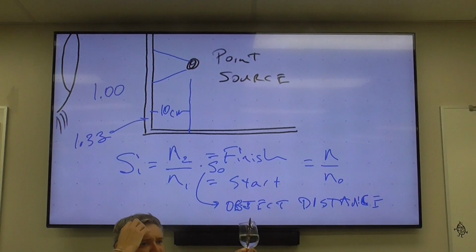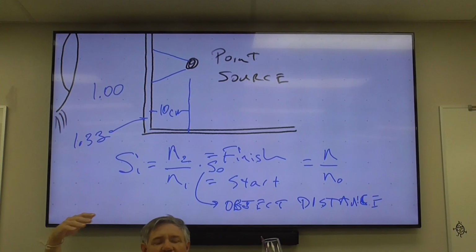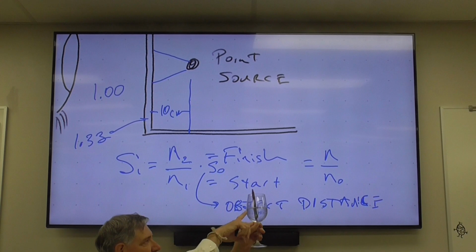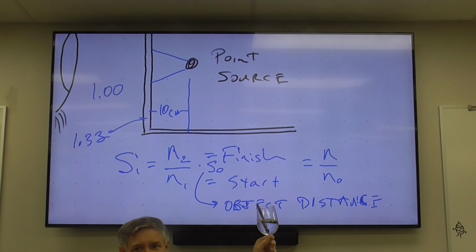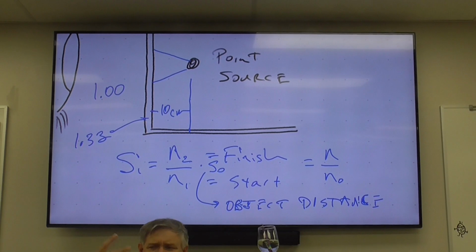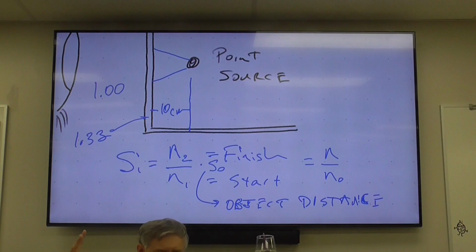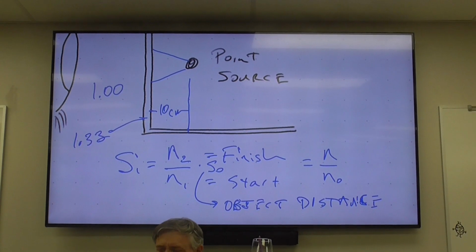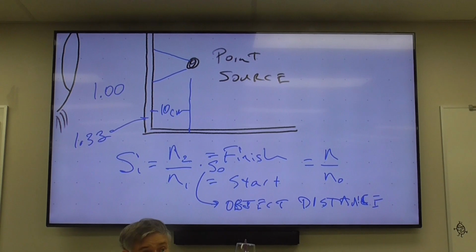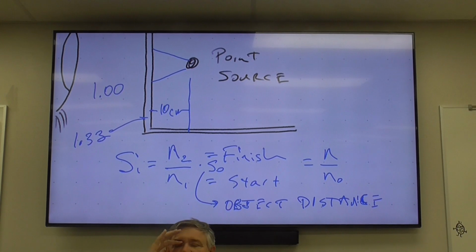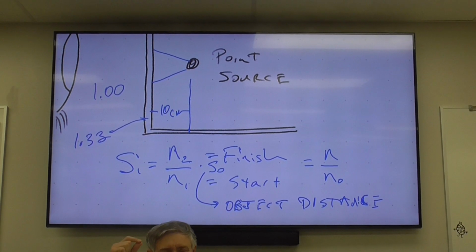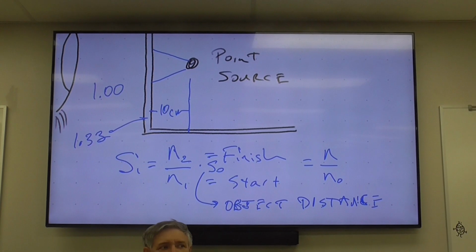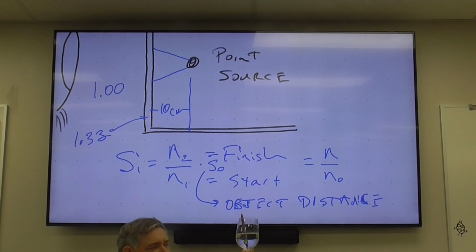Now think this through. If that happens, what do you know about the magnification of whatever's happening at the bottom part? Greater than 1. A little bit greater than 1, not vastly, it doesn't look huge. As you go through this, you have to think through where the light starts and where the light ends up.